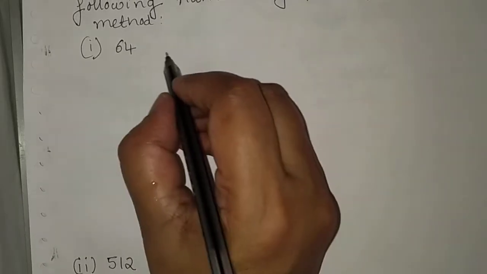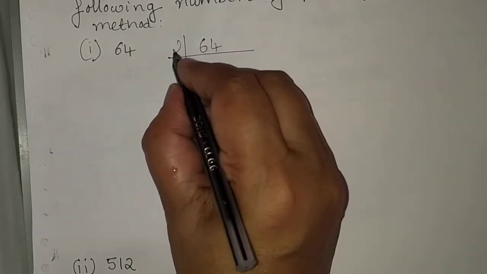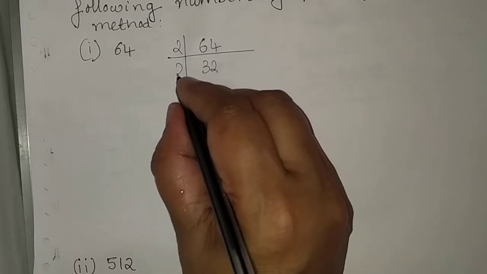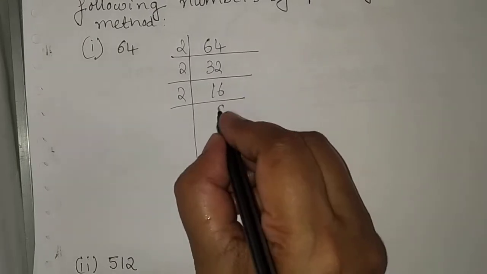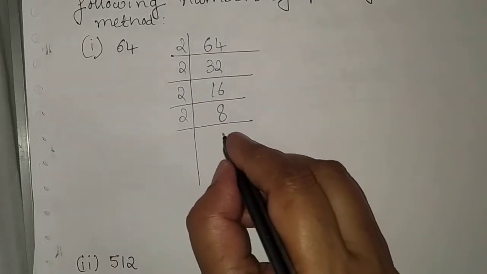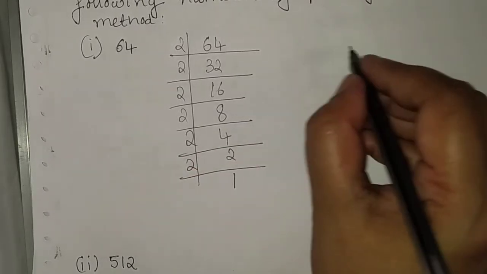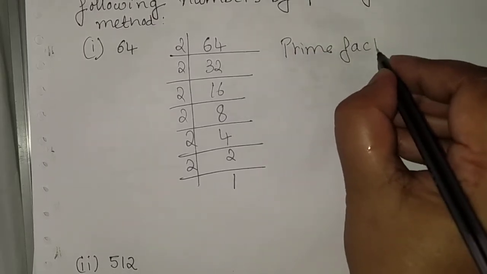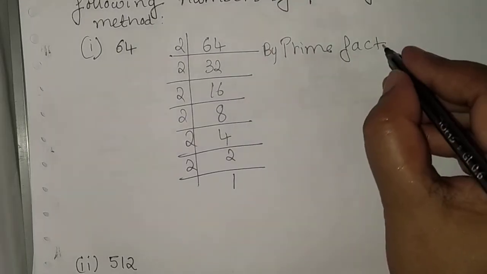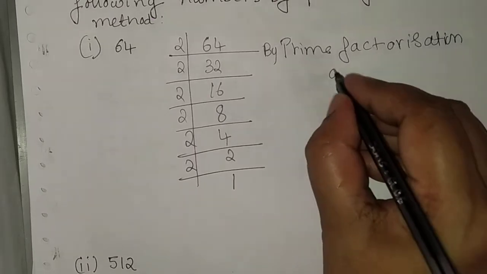The first step is to take this number and prime factorize it: 2 into 32, 2 into 16, 2 into 8, 2 into 4, 2 into 2, 2 into 1. So by prime factorization of 64 we get this.